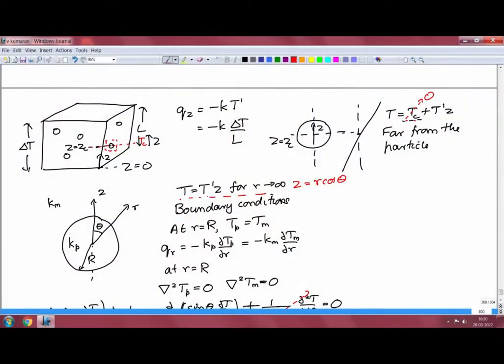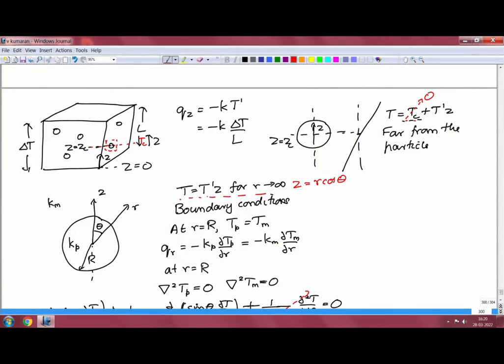And since the thermal conductivity is different, the thermal flux lines around the particles either bend towards a more conducting particle or away from a less conducting particle, and because of this there is a disturbance to the heat flux, and this results in a modification of the conductivity of the composite in comparison to the conductivity of the matrix.